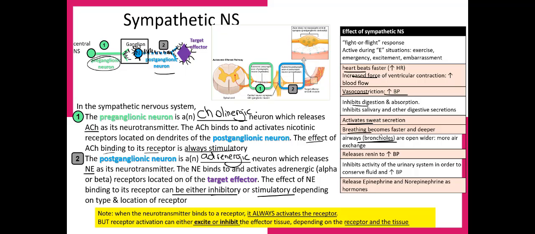In other places it has a stimulatory effect, like the heart, right? So again, a note here, when a neurotransmitter binds to a receptor, it always activates the receptor, but the effect of the receptor activation can either be inhibitory or excitatory, depending on the receptor and the tissue and the neurotransmitter.